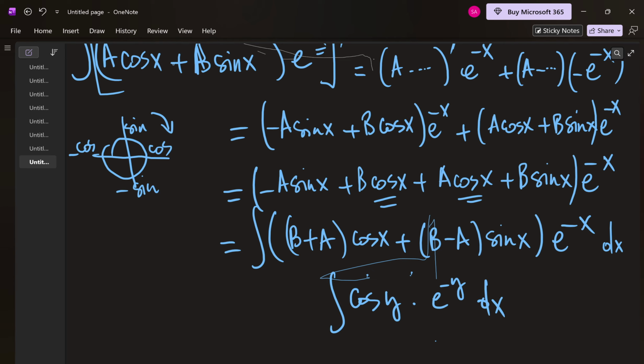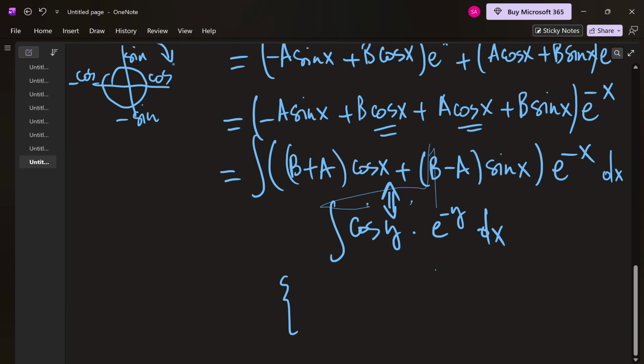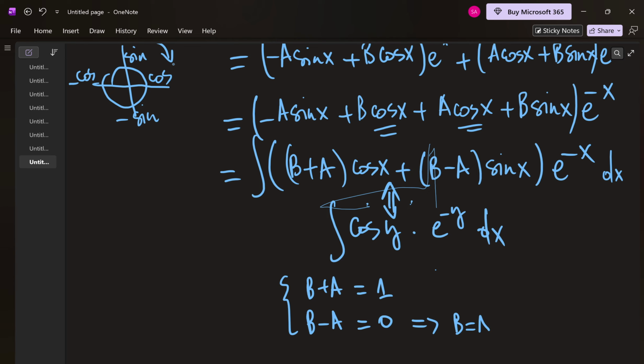So we identify this with this guy. So we have here b plus a is equal to 1 and b minus a is equal to 0. So we solve this. The second one leads to b is equal to a, and the first one gives you that 2a is equal to 1, so a is equal to 1 over 2, and b is also equal to 1 over 2.